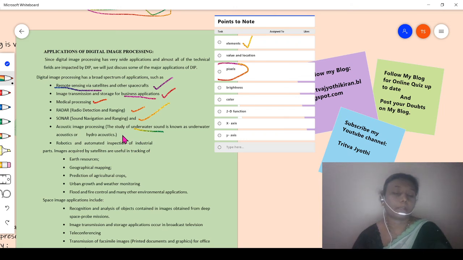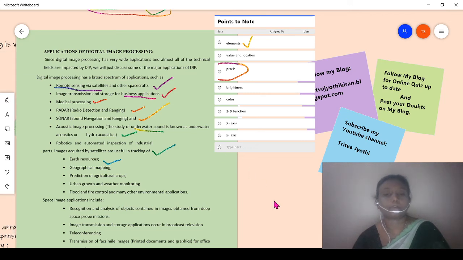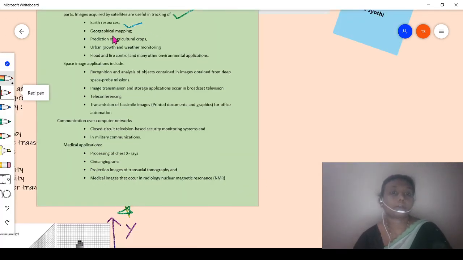In robotics, automated inspections and tracking, everything within the industry, we are acquiring images. It also plays an important role in earth resources, geographical mapping and other applications, prediction of agricultural crops and urban growth, and weather monitoring.